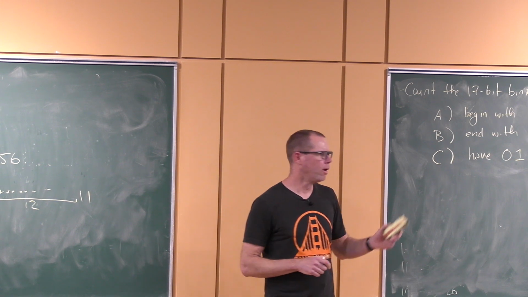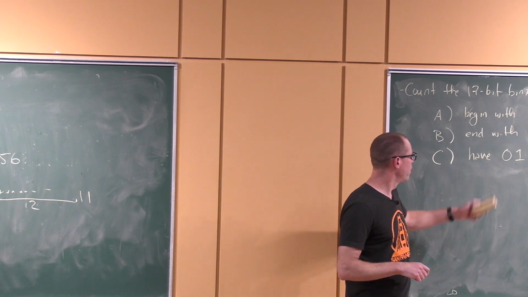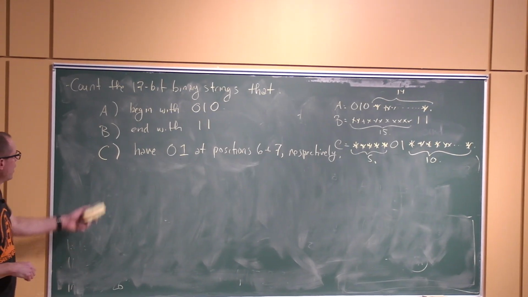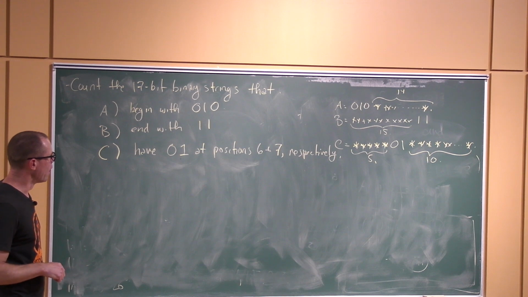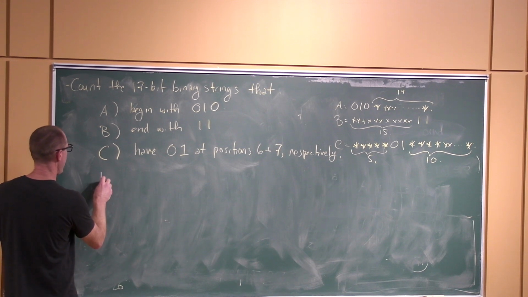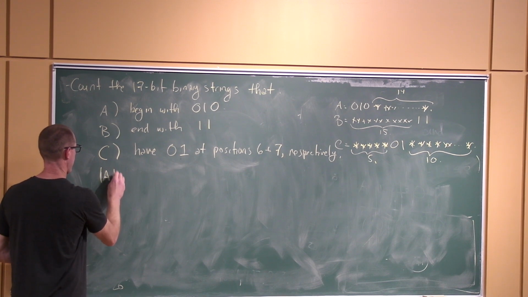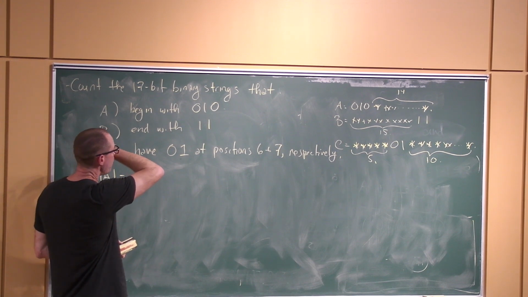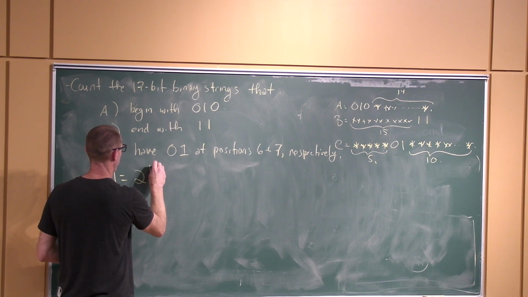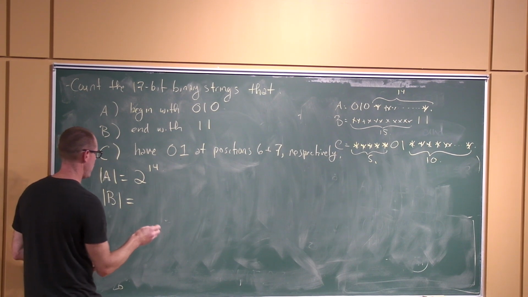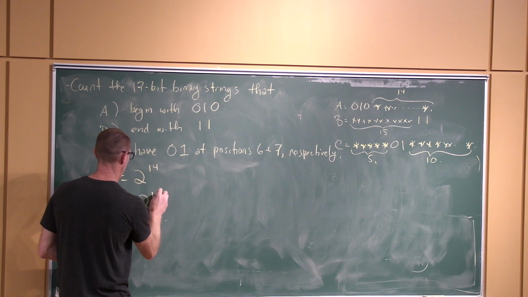Okay. So let's do this thing. We need to apply that formula. So we need to know the size of A, which luckily we have already done. That was 2 to the 14. The size of B is 2 to the 15.